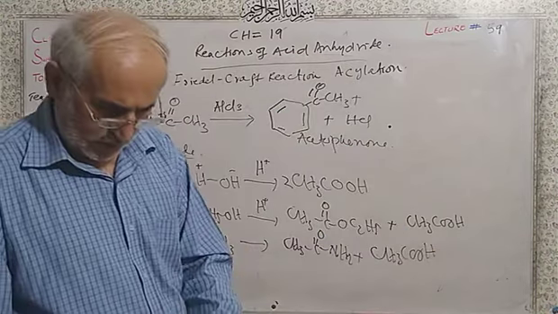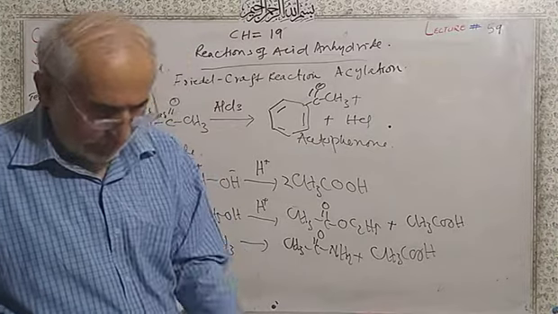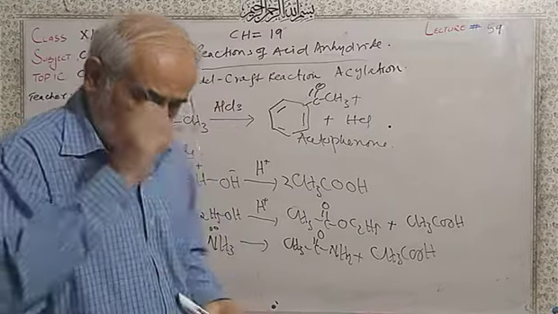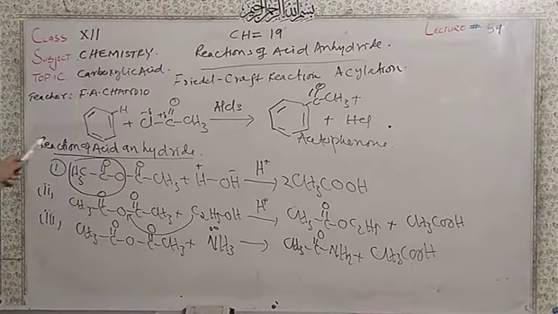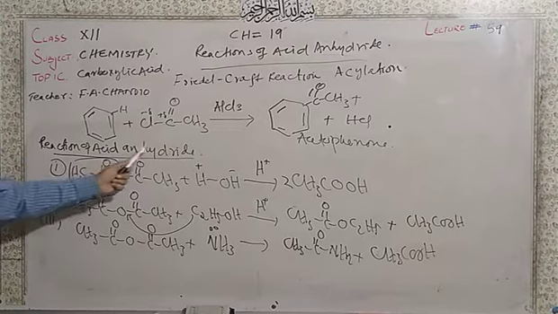So these are the reactions which are given, 1, 2, 3. This is the first reaction, Friedel-Crafts reaction, acylation. You did it in the previous chapter. This is a review for you.